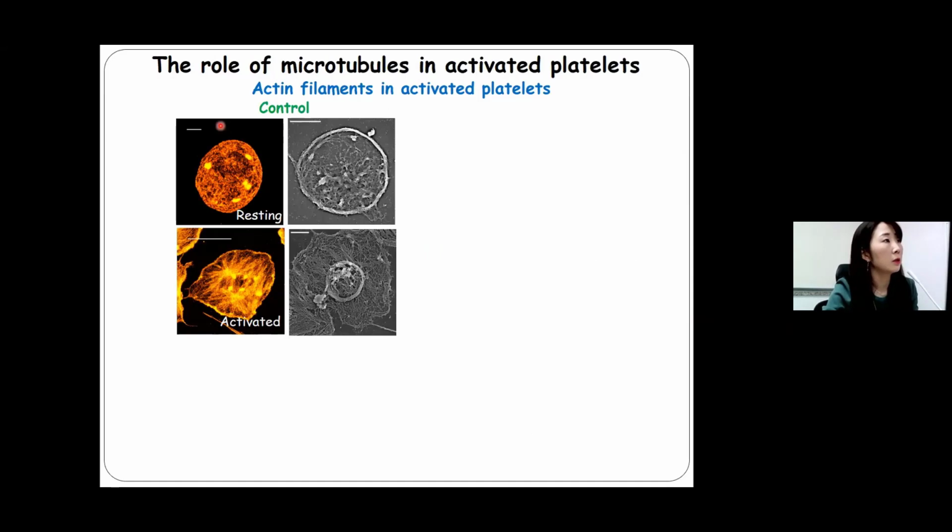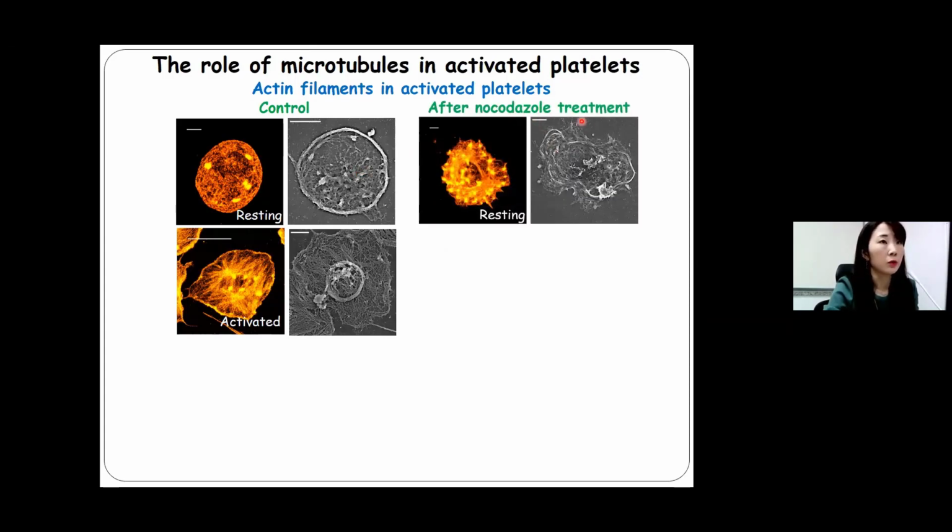Then next, we studied the role of the microtubule by depolymerizing the microtubule using the nocodazole drug. As you can see here, from the resting sample, we could see this spiky shape of the microtubule-depolymerized platelet, probably because of the absence of the microtubule marginal band that I showed you in the previous slide.